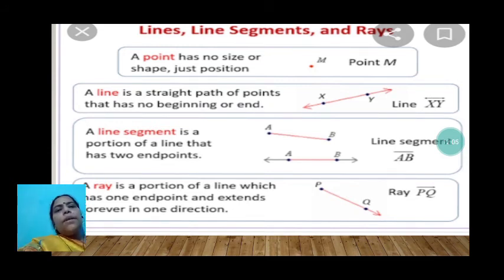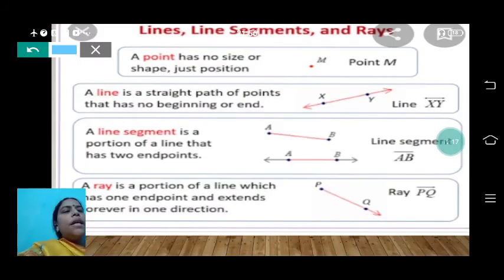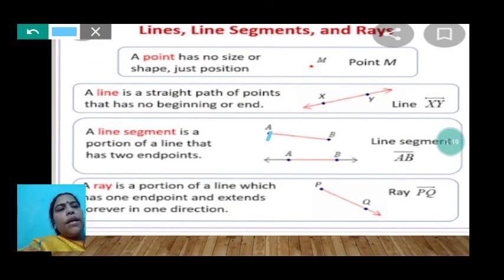Now a line segment. A line segment is a portion of a line that has two endpoints. So this line segment has two endpoints, endpoint A and point B. That is represented by AB with one small line above it. The bar on the top represents a line segment.